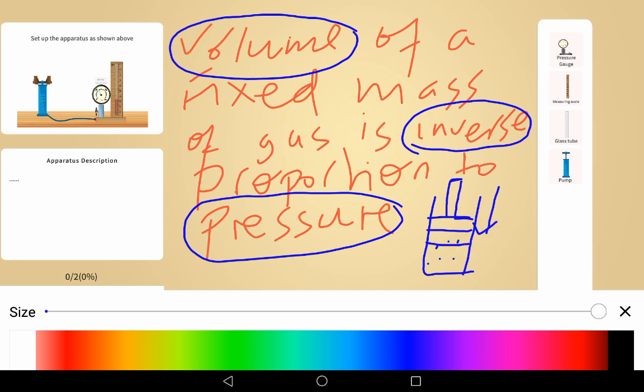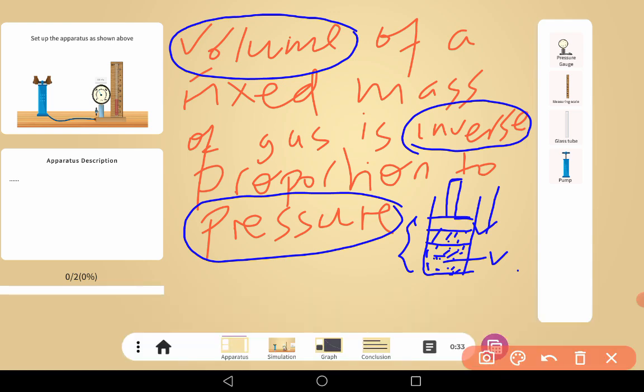So the particles in it are going to be confined at high pressure. They are going to be colliding with themselves, and also colliding with the walls of the container. So pressure increases because the volume decreases.